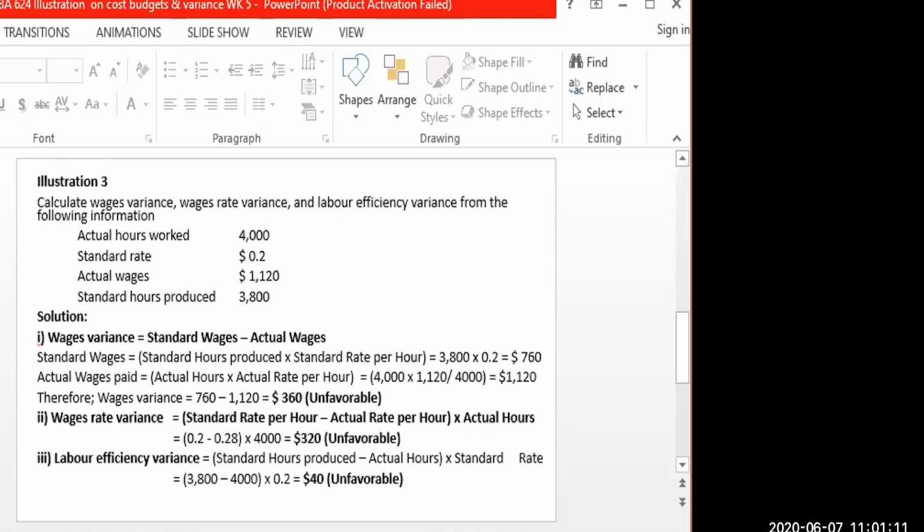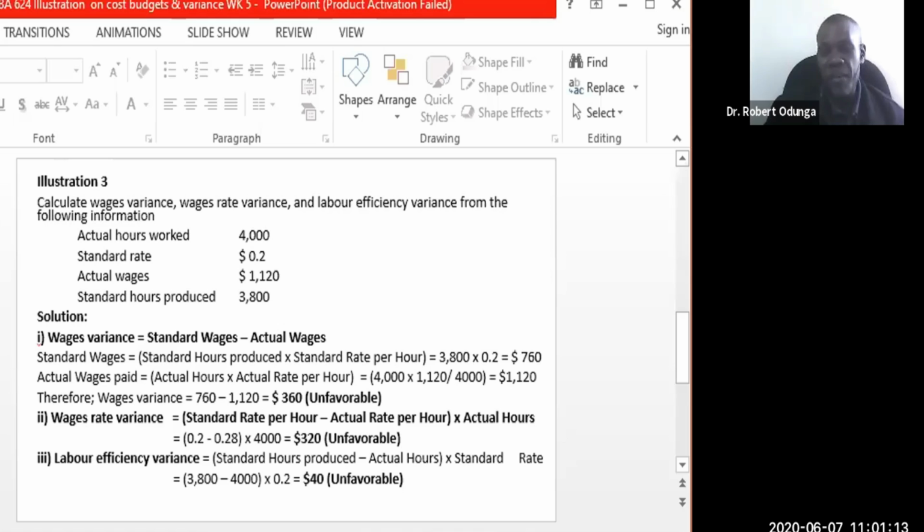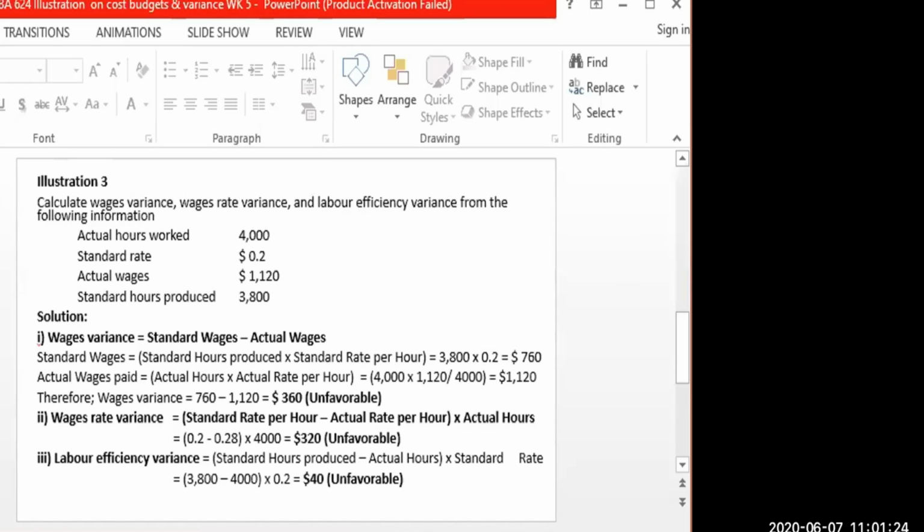So they are talking about the same thing. Receivables and debtors, payables and creditors. Those are terms that refer to the same thing, but because of the authors, they are talking in different terms.